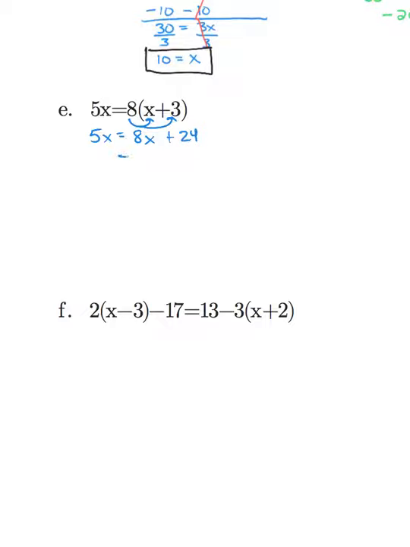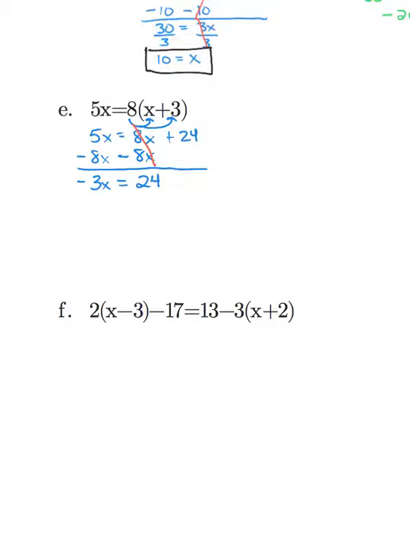So I'm going to start by subtracting 8x from both sides. And if we subtract 8x from both sides, I get 5x minus 8x. I want to subtract, keep the sign of the larger number. We get negative 3x. On the right side, my 8x's cancel, leaving me with a positive 24.